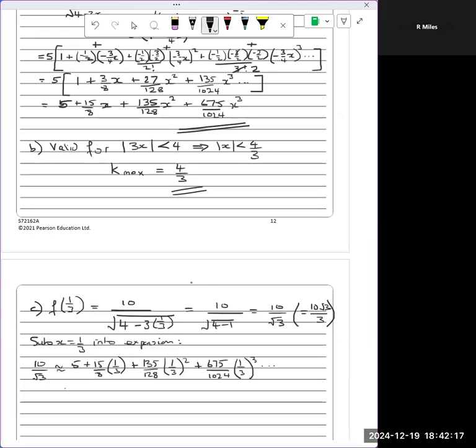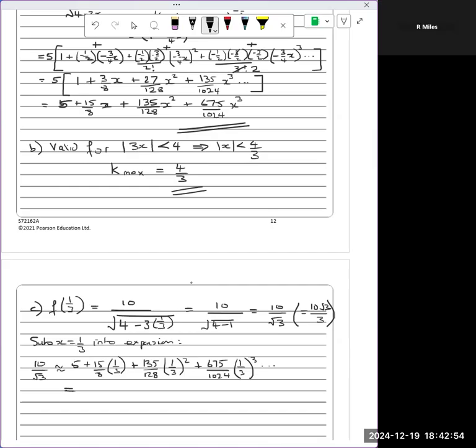Now, I'm just going to pretend that I didn't know this is going to cause a problem. So I'm just going to go ahead and try and type all of that into the calculator. Is there anything I can do with that? I can actually do some cancelling here, because 135 divides by 3 and 675 also divides by 3. I'm just making this up as I go along now.